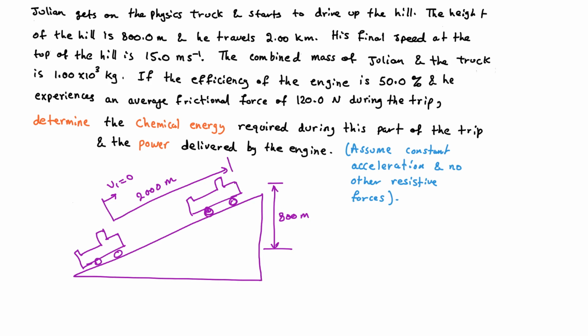And we know that its final velocity, v2, is equal to 15 meters per second. We know that the combined mass is exactly 1,000 kilograms. And what else do we know? We know that the efficiency of the system, or the efficiency of the engine here, is actually 50%.